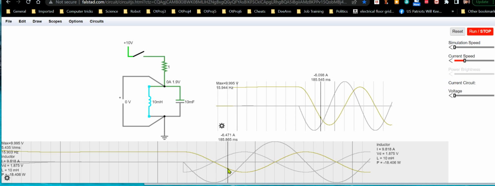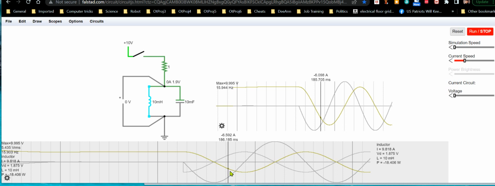Because it's taking energy from the capacitor now, so the energy is moving from the capacitor into the inductor. The inductor's current is rising, and so is the capacitor's current, because as the inductor charges up, it wants to draw more and more current. That's basically what's happening: you've got a capacitor dumping its charge into the inductor.